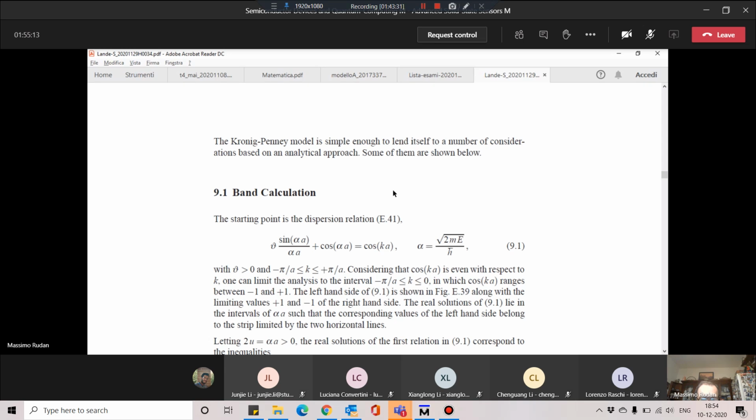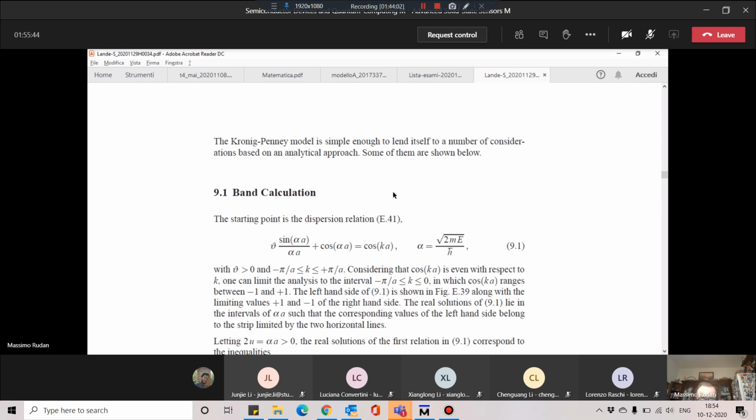So in this case, it is very easy because we may recalculate simply the bands after changing the value of A, because if we stretch the one-dimensional lattice, we make A increase. And if we compress the lattice, we make A decrease.